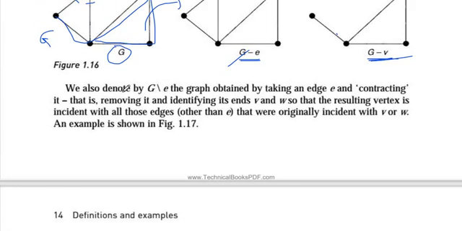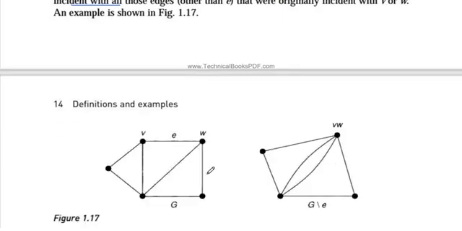We also denote G/E the graph obtained by taking an edge and contracting it, that is removing it and identifying its ends V and W, so that the resulting vertex is incident with all those edges. Let's see with a figure so we can understand better.